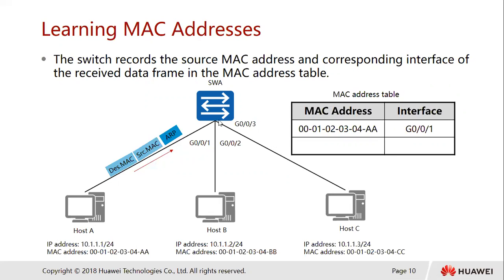Once the switch receives this information, you can see it is going to record the MAC address of host A, this one here. You can see that the switch learned about this MAC address through this port, gigabit 0/0/1, and this is also recorded.